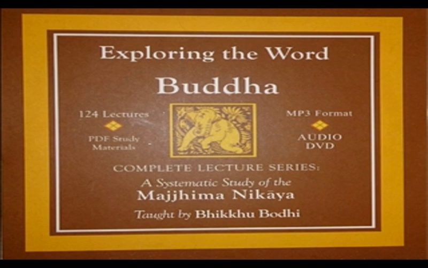And now, the next paragraph: what is right speech that is noble, taintless, supramundane, a factor of the path? Now we have a definition. The desisting from the four kinds of verbal misconduct.